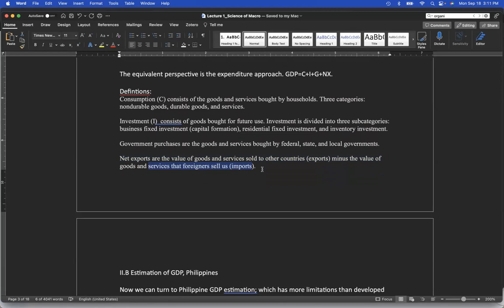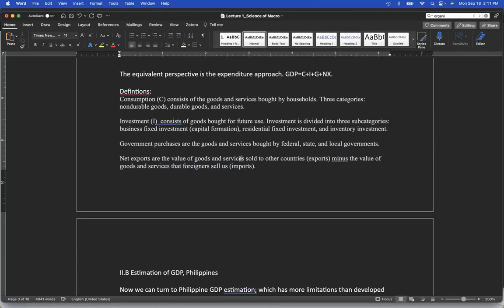So if we import something and it's for consumption, tataas ang consumption, pero bababa ang GDP because tataas ang imports. Imports come in as a minus. So NX is exports minus imports. I should express that. Oops, sorry. So that's why minus ang imports, because we want to really focus on production domestically.